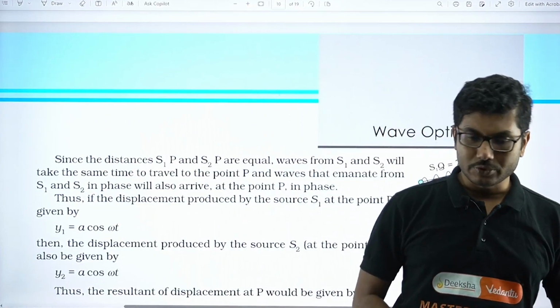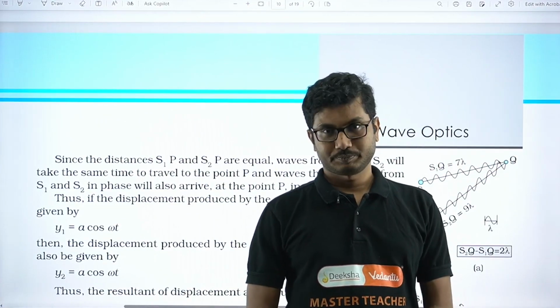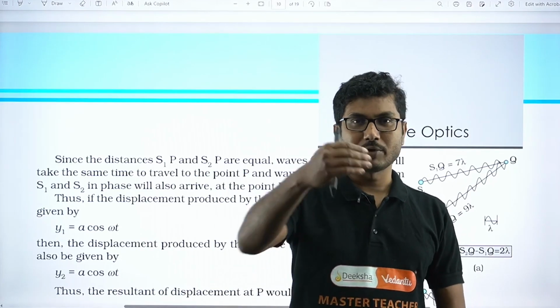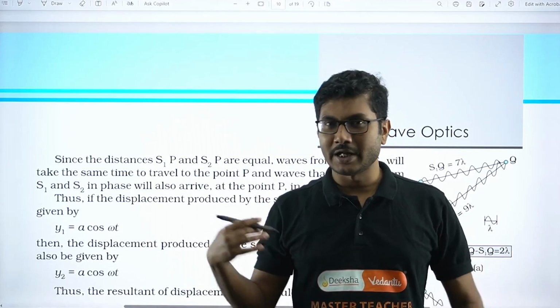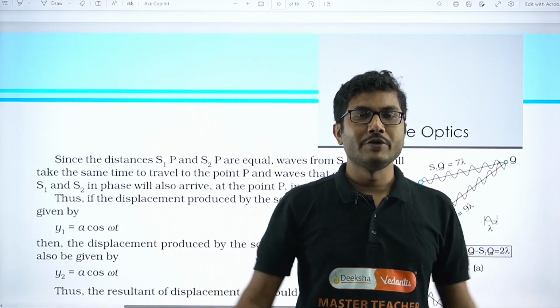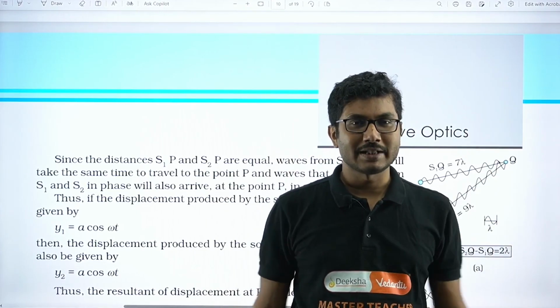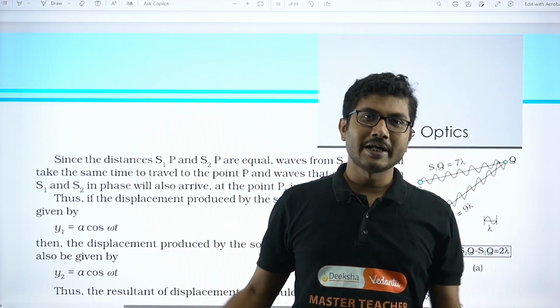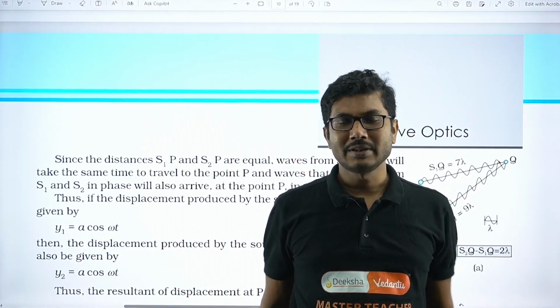Phase relation means, suppose you are standing in a queue. It is very simple to understand phase this way. You are standing in a queue, someone is standing in front of you and someone is standing behind you. During COVID, you had to maintain one arm's length. So you maintain one arm's length with the person in front, and whoever is behind you also maintains one arm's length with you.